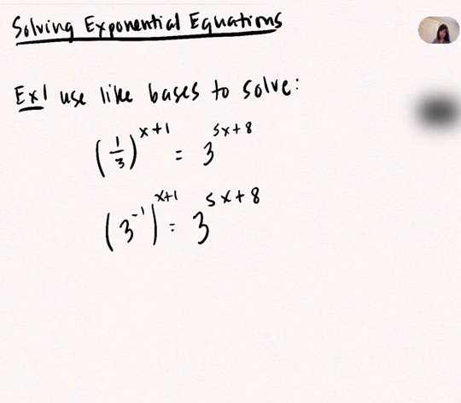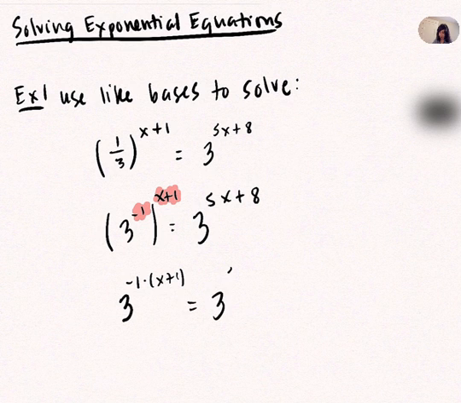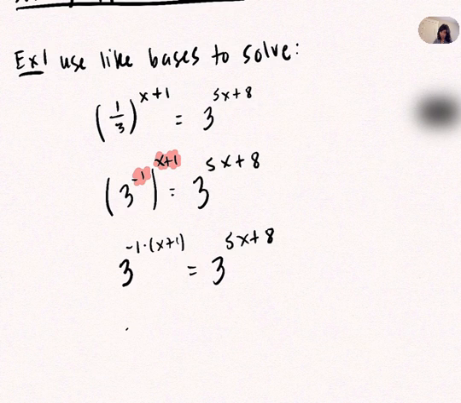So I can multiply x plus 1 times negative 1 to rewrite this as 3 to the negative 1 times x plus 1 equals 3 to the 5x plus 8. Now, if I distribute that negative 1, I get 3 to the negative x minus 1 equals 3 to the 5x plus 8.